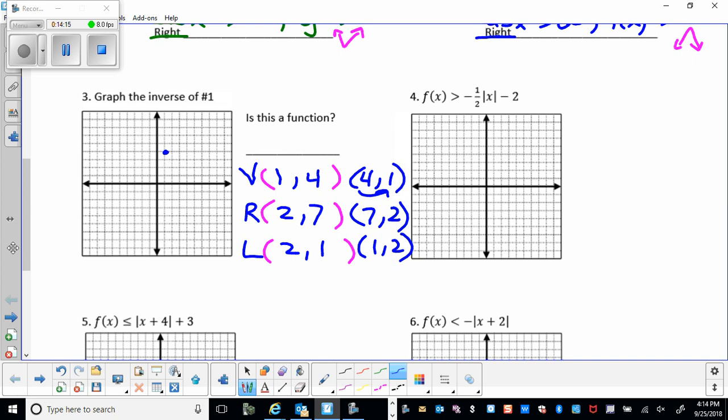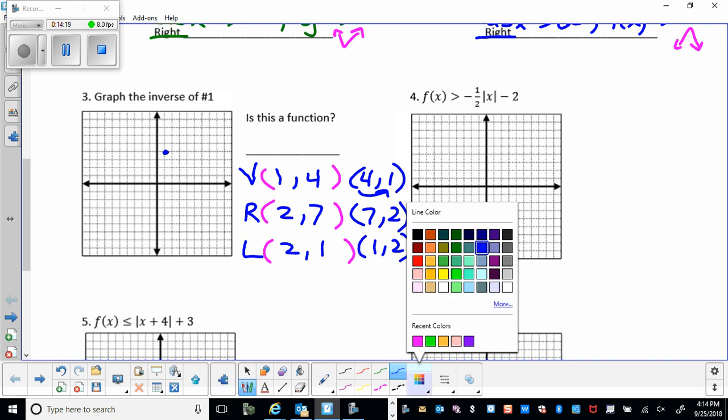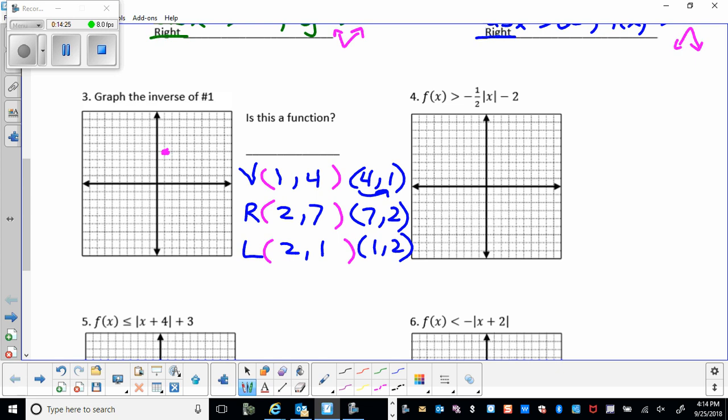Okay, and then now I'll just graph those. So the inverse would be 1, 4 is my vertex. And then I've got 2, 7: 1, 2, 3, 4, 5, 6, 7. And then 2, 1. Notice it's just sideways because we switched the x and the y axes.